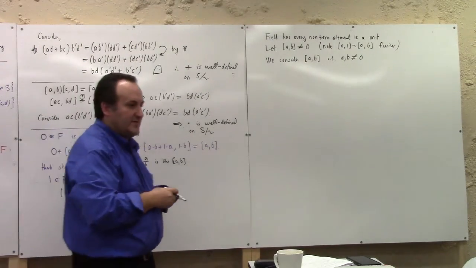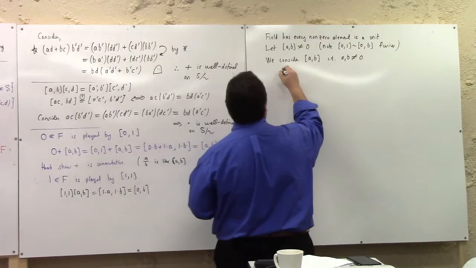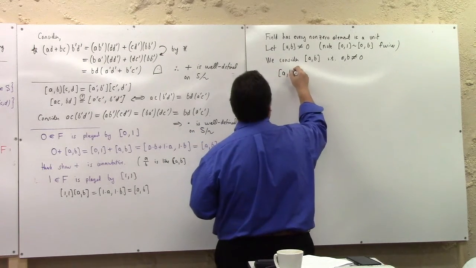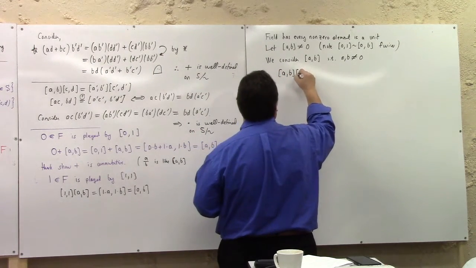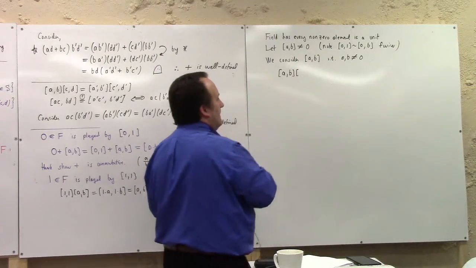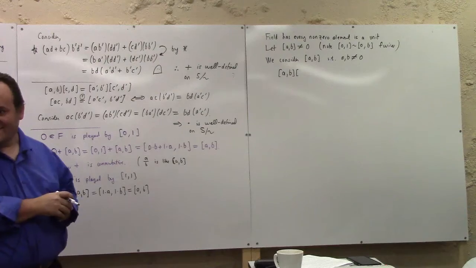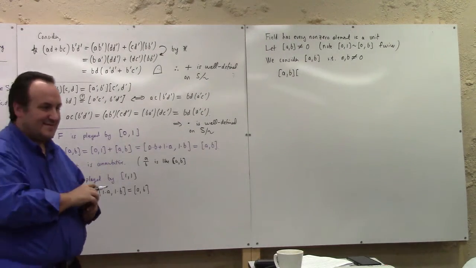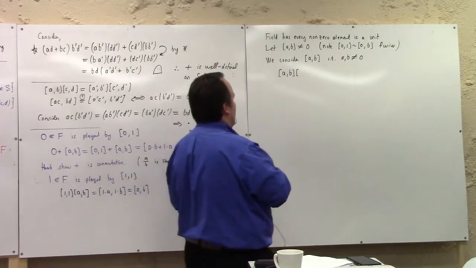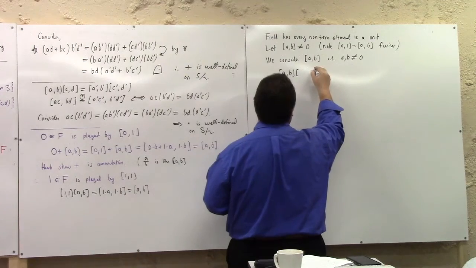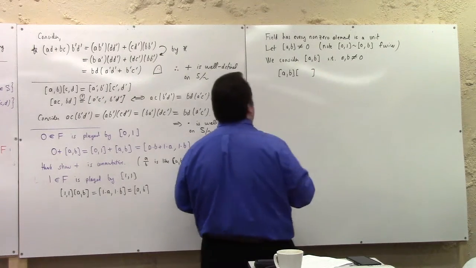What do you think the inverse is? What is the inverse to (a, b)? Well, it would have to get you 1 back, so I would say a inverse, comma, b inverse. But we don't know that a inverse and b inverse exist. The whole point of this construction is that they might not.